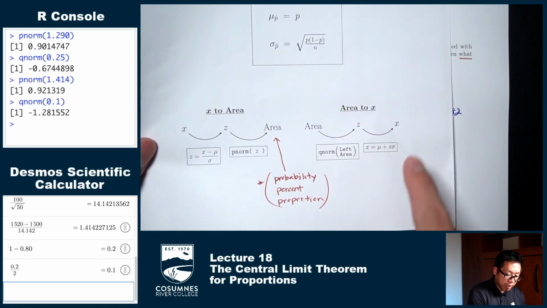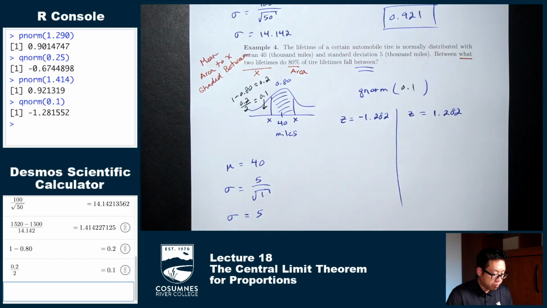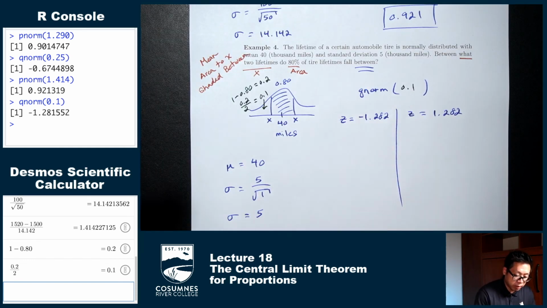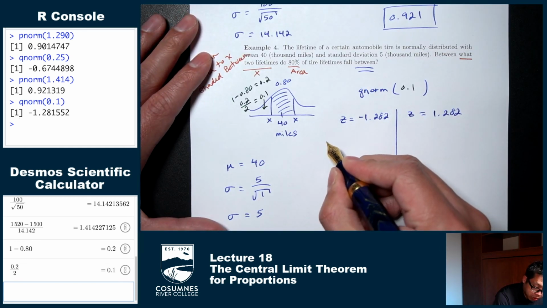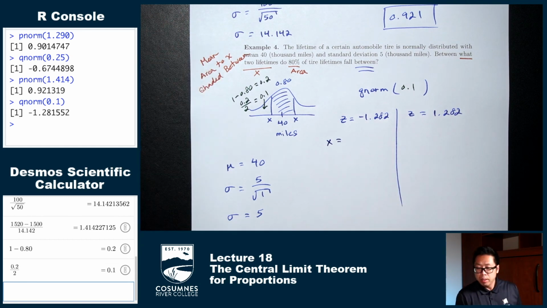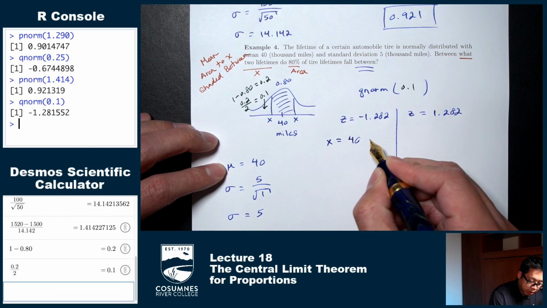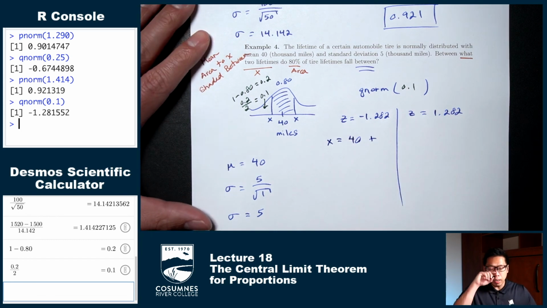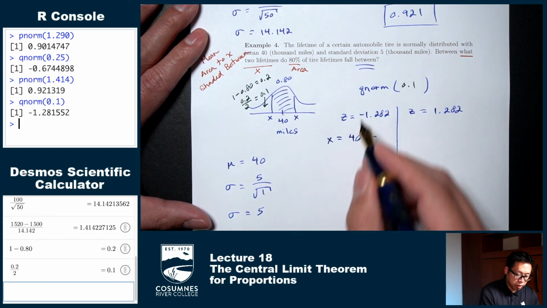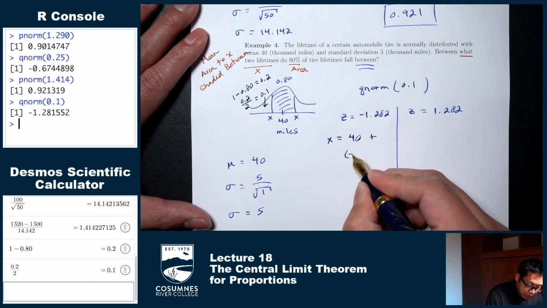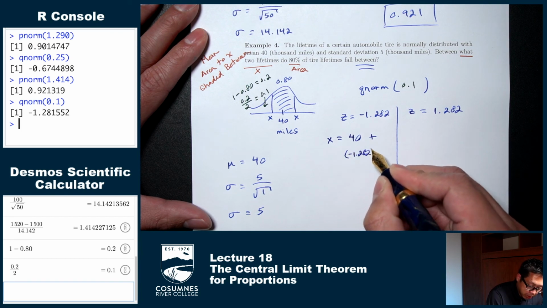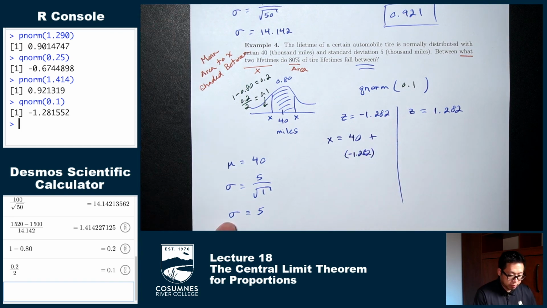Last step, z to x, using the x formula. So we'll do the x formula for both of these z's. x equals mu, the mean, which is the 40, plus z times the standard deviation. Our z here is negative 1.282 times the standard deviation, 5.